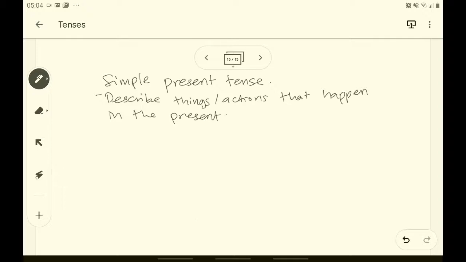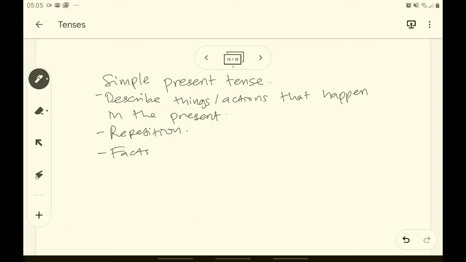Simple present tense is also used for repetition, and another one would be facts. When you describe facts, you use simple present tense, because facts are things that are not changeable.